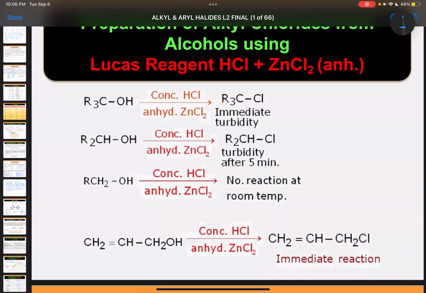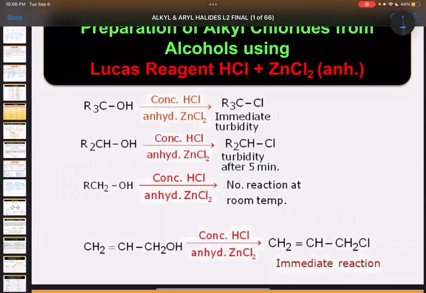Why is it fastest? You know the time for the appearance of turbidity. It is fastest for tertiary alcohol. Why does it happen quickly for tertiary? The reason is formation of carbocation, which happens very quickly, and that's why it is the fastest.